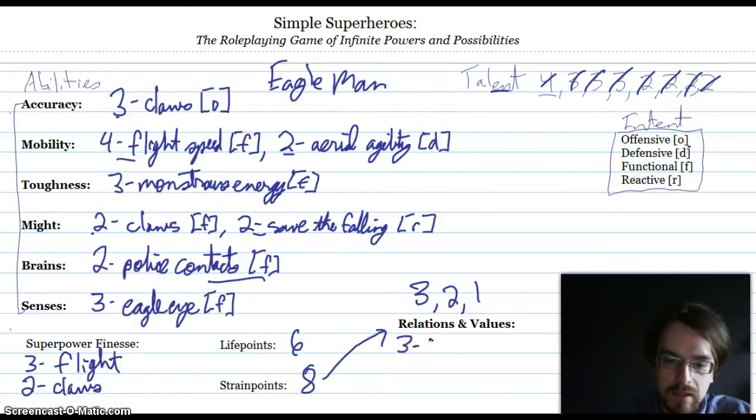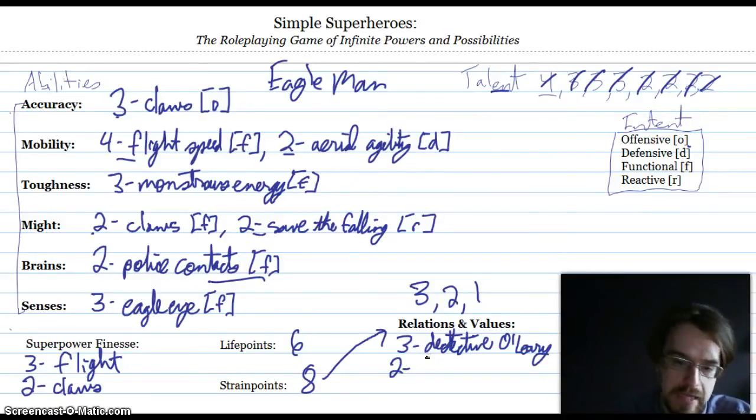So he has a cousin named Detective O'Leary. And an on again, off again girlfriend named Harriet. And he really likes flying around.